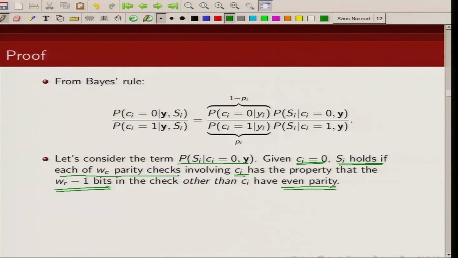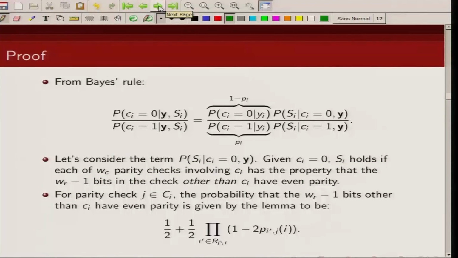Because Ci is 0, the other bits should have even parity, then only the parity check equation involving Ci will be satisfied. So, we need to find the condition that the sum of other parity check bits involved in the parity check equations where Ci is participating should have even parity.